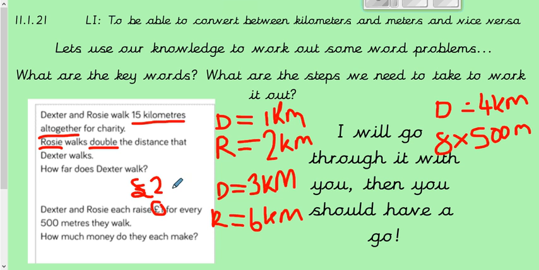So it's £2 per kilometre. So using that information then, can you work out how much they each raised based on your answer from the first one? Okay, and then we'll go through the answer. So pause the video, have a go, and then we'll look at the answers together.